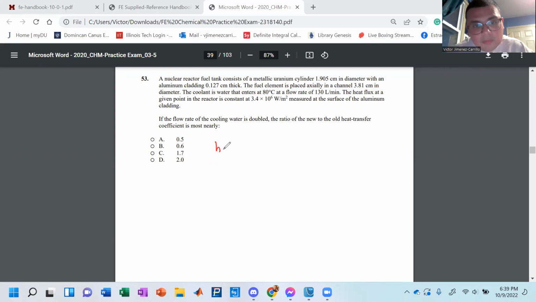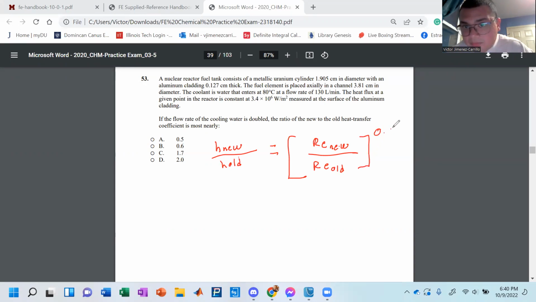There's H new, which is the heat transfer coefficient, divided by H old, is equal to, big parentheses, the new Reynolds number versus the old Reynolds number, to the power of a constant 0.8.